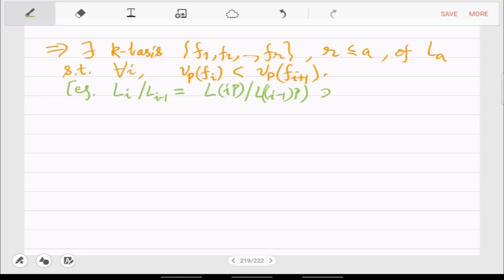So if a function f exists here, then it means that, what does it mean? The function of course can have only poles from the point P, it has no other poles. So whatever you get from Li plus 1 mod Li and whatever you get from Li mod Li minus 1, there will be a difference in the valuation.